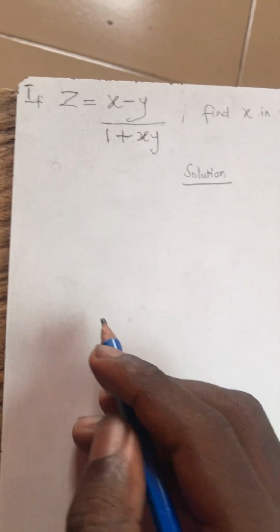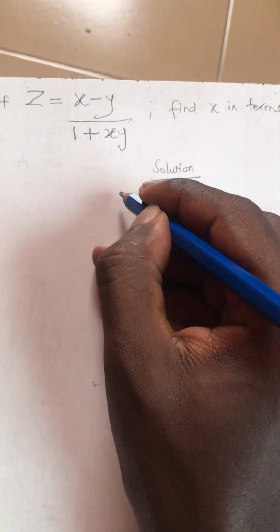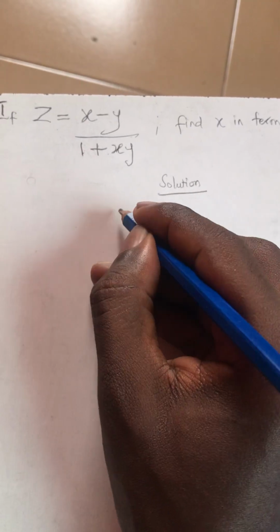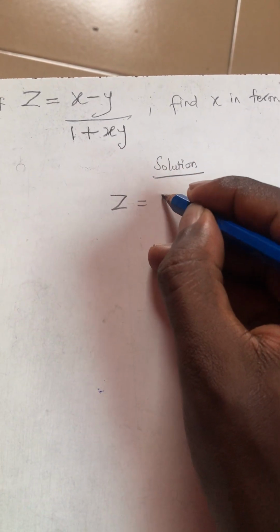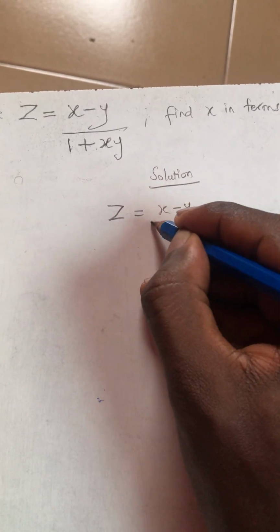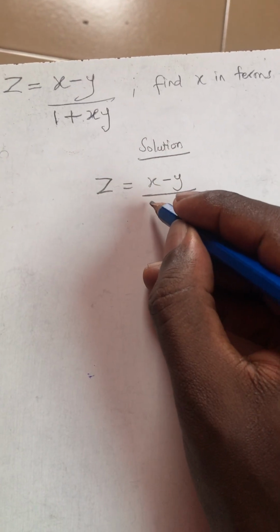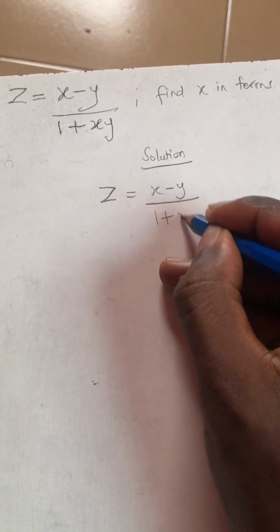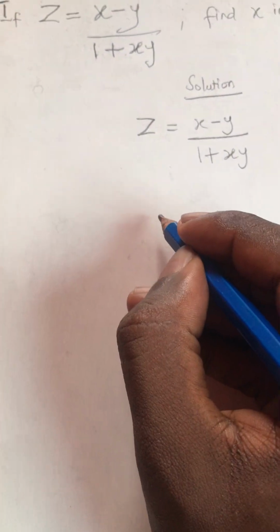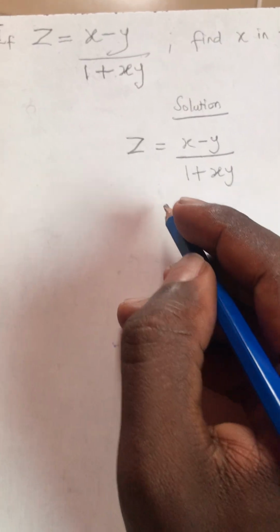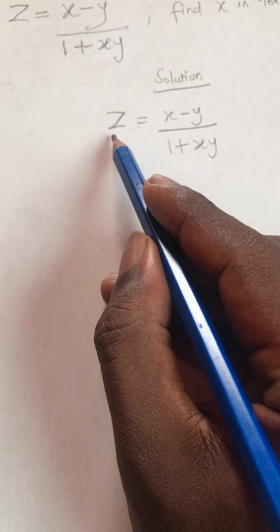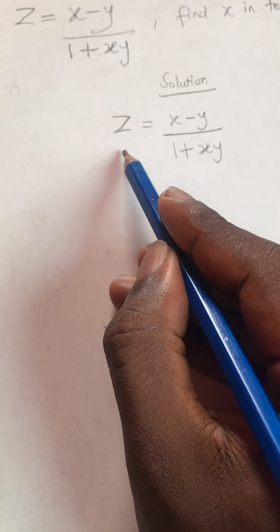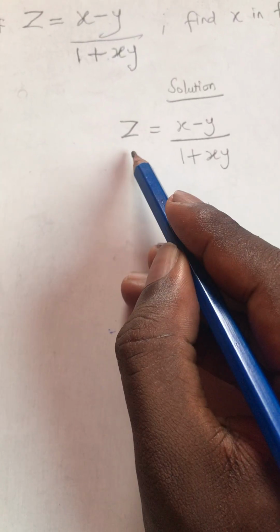Our given equation is z equals the fraction x minus y over 1 plus x multiplying y. What we have to do here is this z has an invisible 1, because every number is divisible by 1.